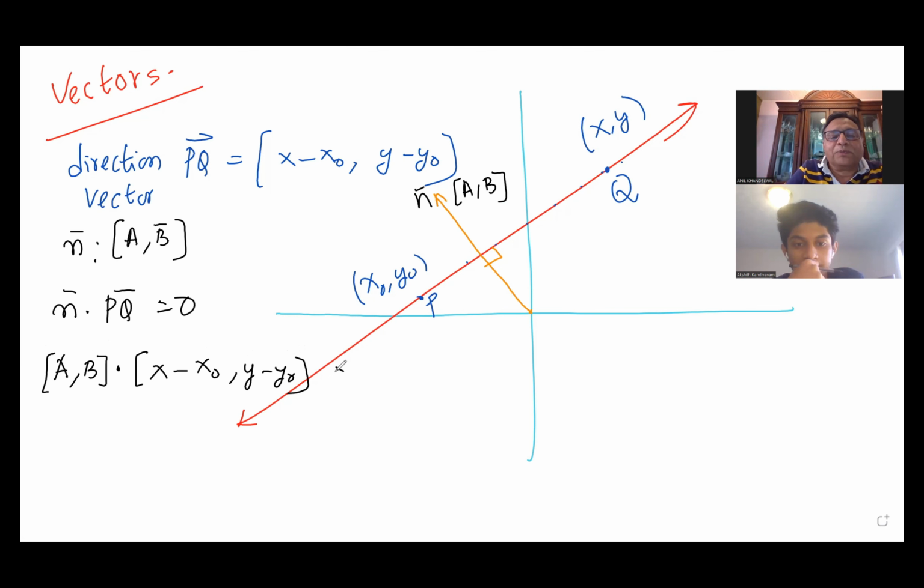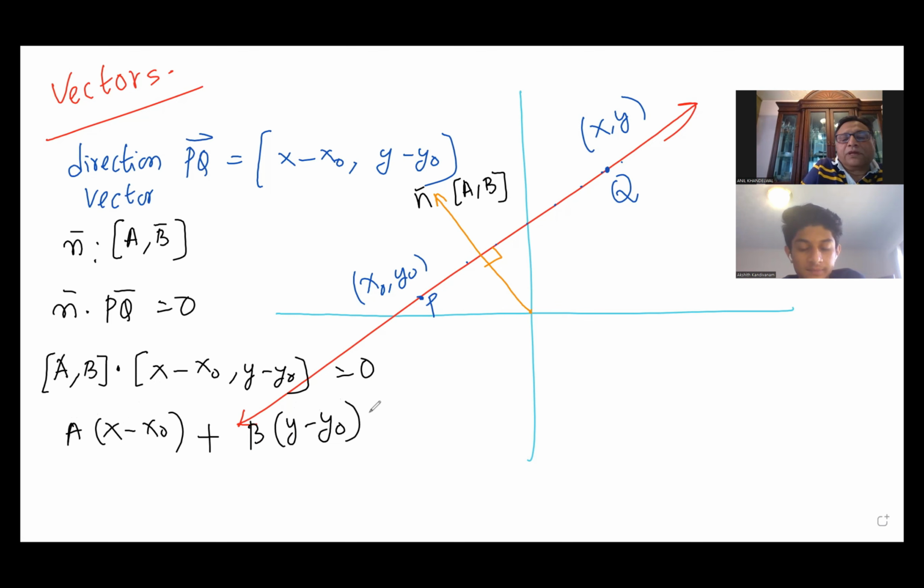So their dot product should be equal to 0, right? So let's do that. We get a times x minus x0 plus b times y minus y0 should be equal to 0. Correct? So let's open the bracket. If you open the bracket, you get ax minus ax0 plus by minus by0 equals 0, correct?